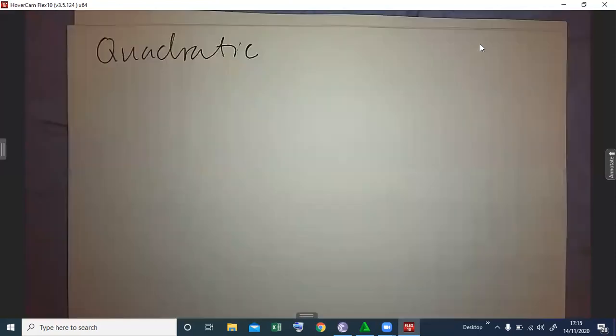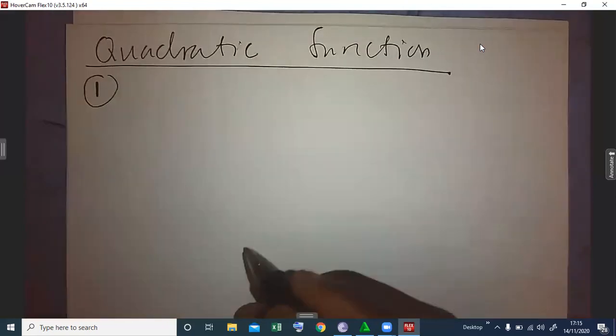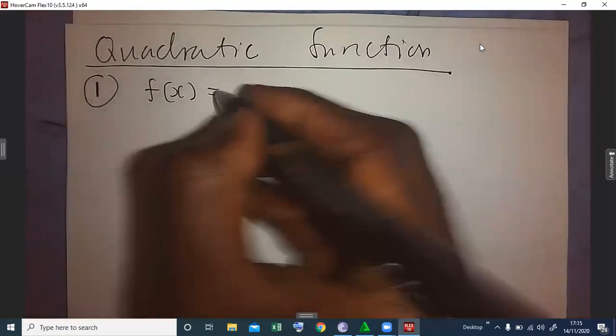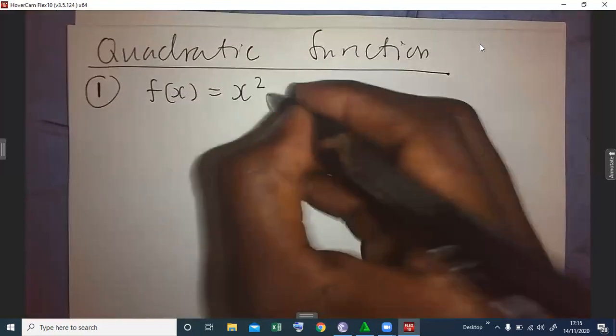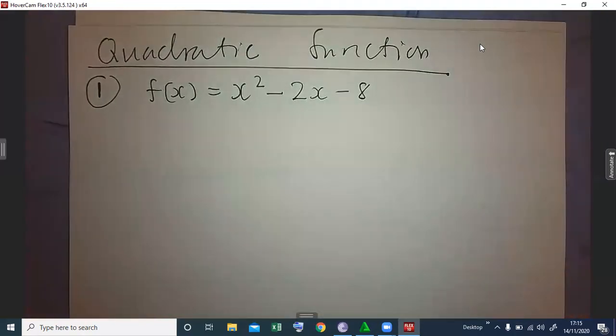So for a quadratic function, if I have a function such as f(x) is equal to x squared minus 2x minus 8.